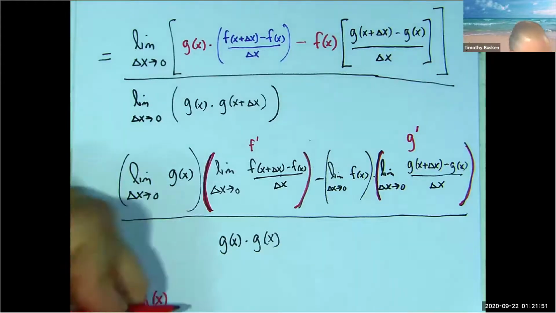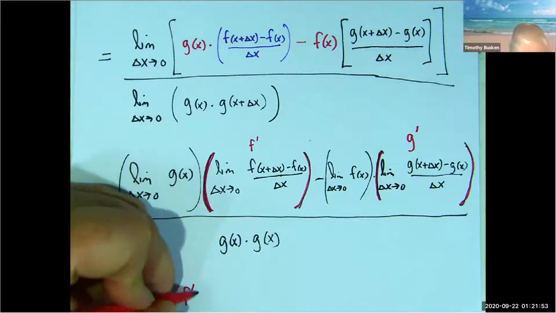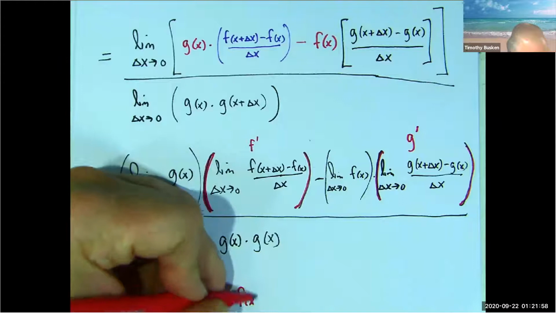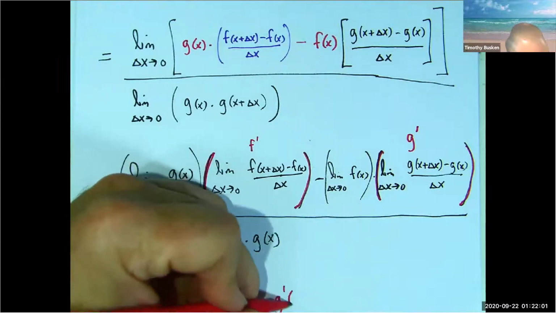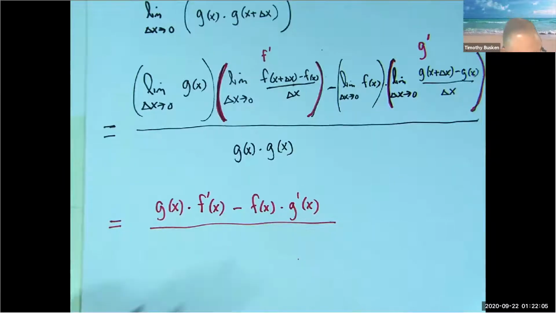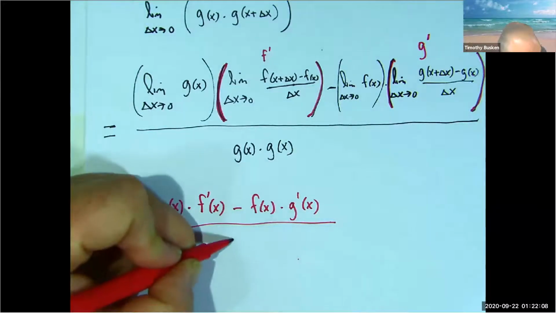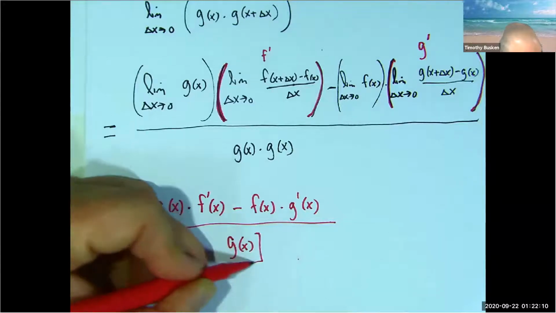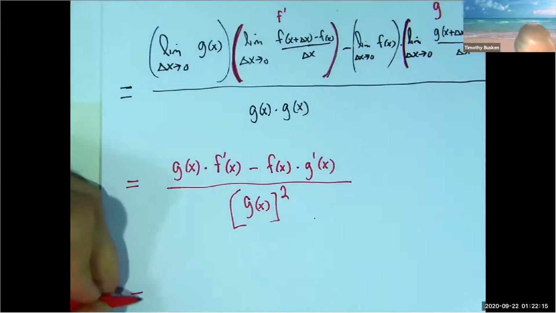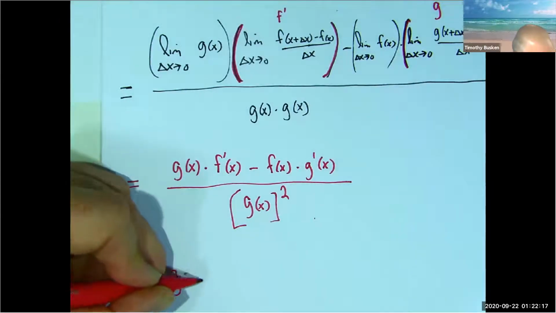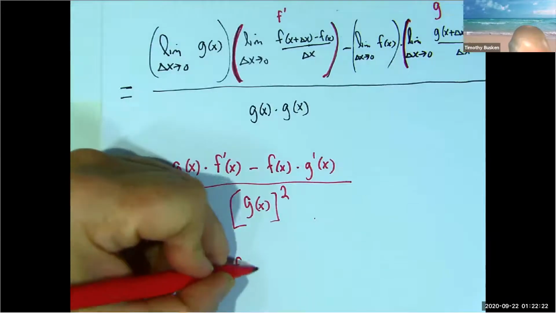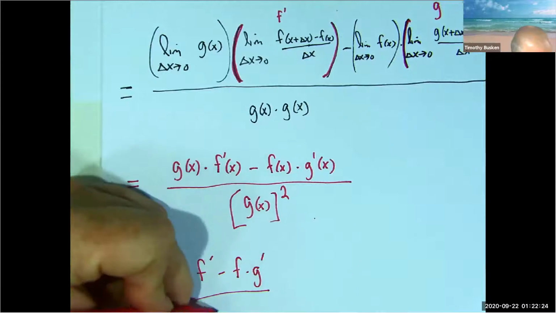And that's going to be times f prime of x, right? And then minus f of x times g prime of x. And that's all over g times g, or g of x, quantity squared. Or there's a shorthand way to write it, as I was doing before: g times f prime minus f times g prime over g squared.